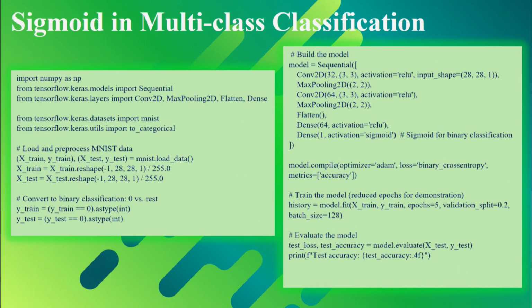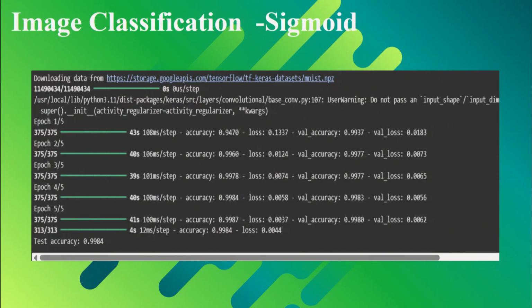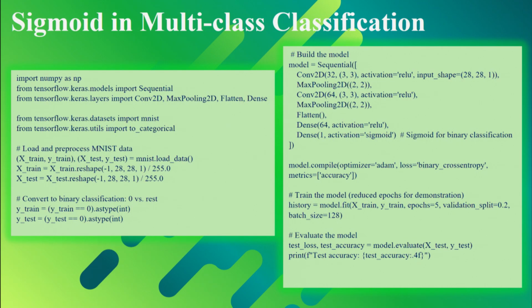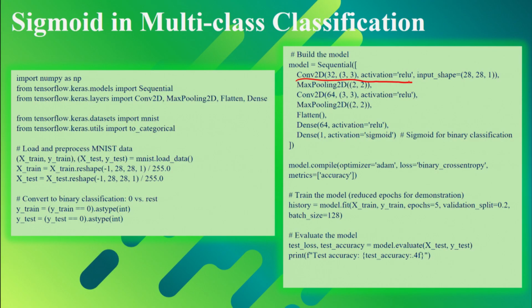And lastly, we come across the code for how sigmoid can be applied in an image classification problem. For image classification, if you execute this particular code, we are applying one more concept called convolutional neural networks. These are built-in functions, and here you are calling the activation function called ReLU, and here we are calling the activation function called sigmoid.